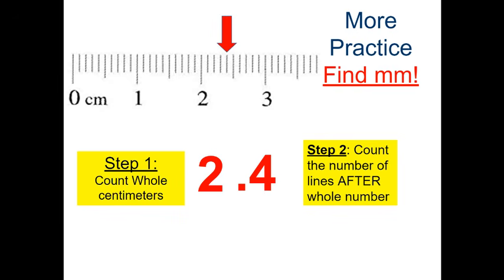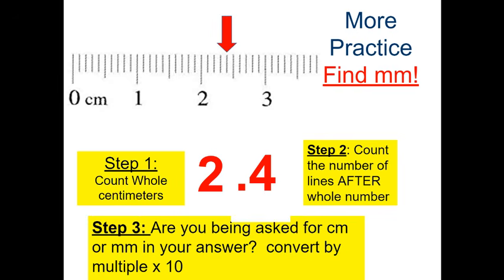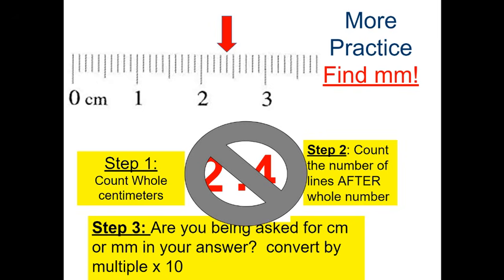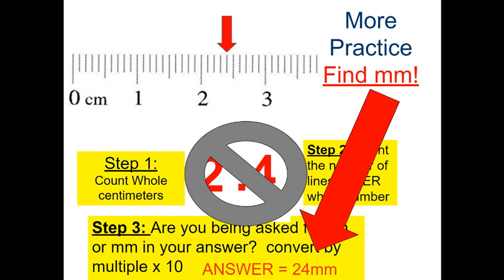Now step number 3, remember, is you've figured out the answer for centimeters, but you're being asked for millimeters. So you need to convert that centimeter answer into millimeters. So you're going to take 2.4 and multiply it times 10. So 2.4 would not be the correct answer in this example. We'd be multiplying 2.4 times 10, and we'd be coming out to 24 millimeters.